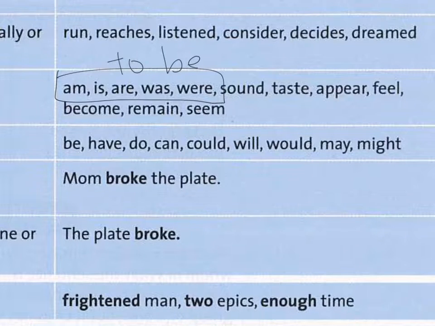Small scraps of bark are crackling in the fire. Crackling is your main verb. Are is your auxiliary verb. So when you have verb phrases, that first verb is likely the auxiliary verb. And the list here, be, have, do, can, could, will, would, may, might.